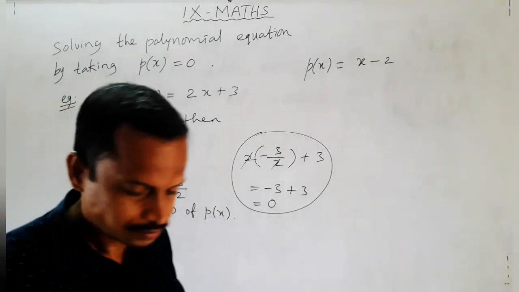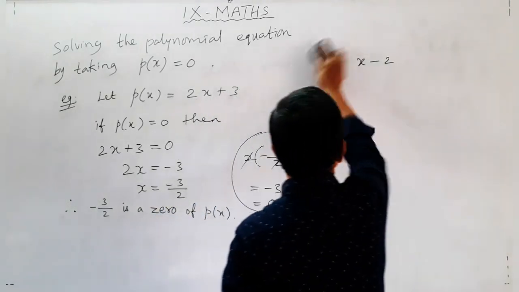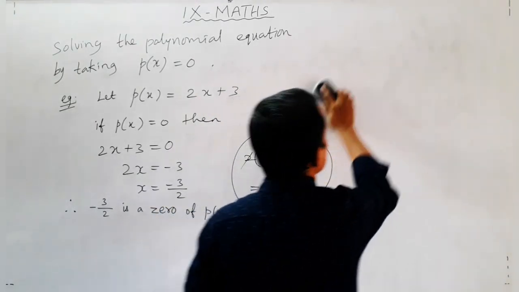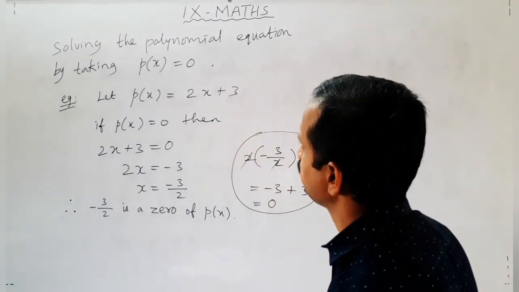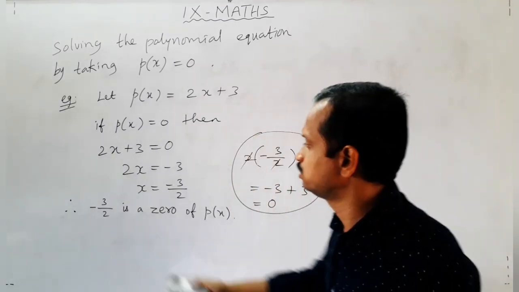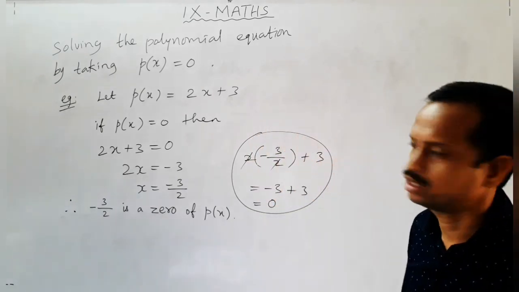Clear? So you have to know this. This will help you to do the exercise problems. And you take this also: solving the polynomial equation by taking p of x is equal to 0. So this is the way of finding the 0 of the given polynomial.